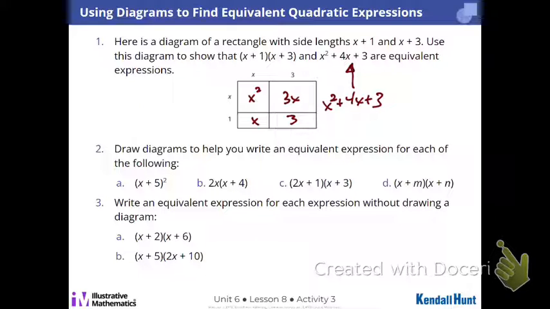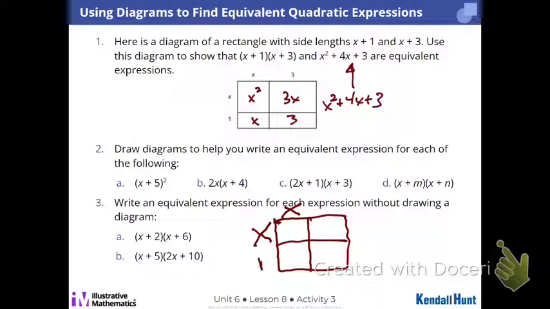This one is the same concept. It's actually not harder, even though it just looks crazy. So we got a little x plus m times x plus n action. Binomial times binomial again. So we got x and n.